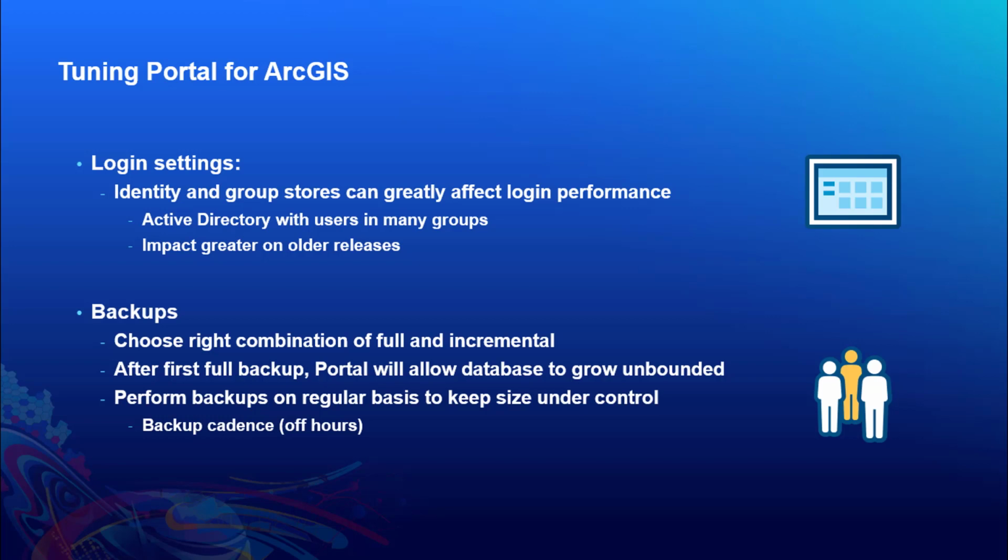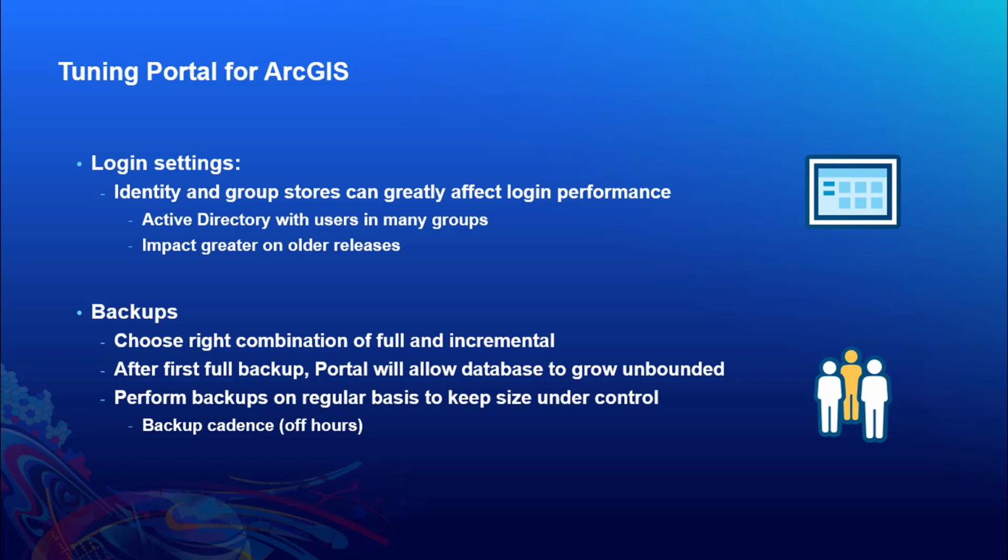So Portal for ArcGIS. We had mentioned that there's not a lot of tuning with Portal, and that's true. Some things to note: in the past it was Active Directory. Active Directory with a lot of users in many groups had been an issue, but that's been greatly lessened with newer releases.